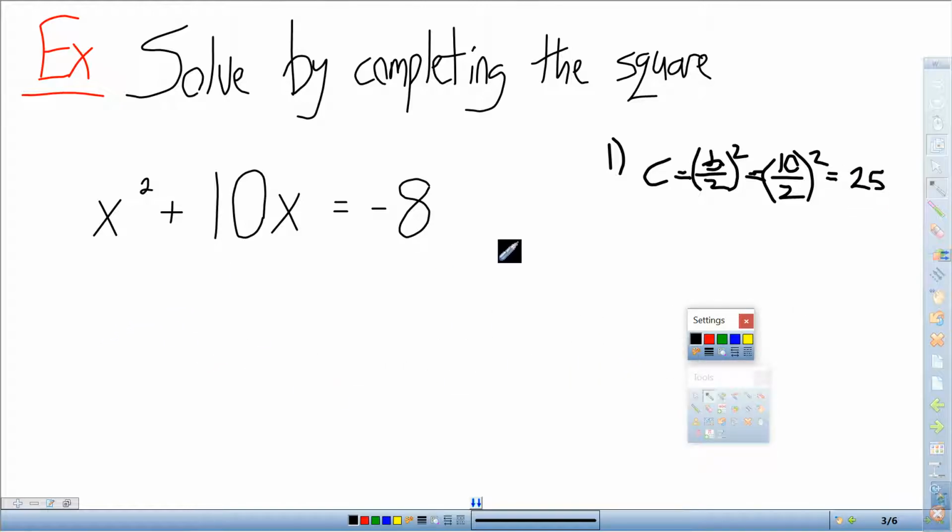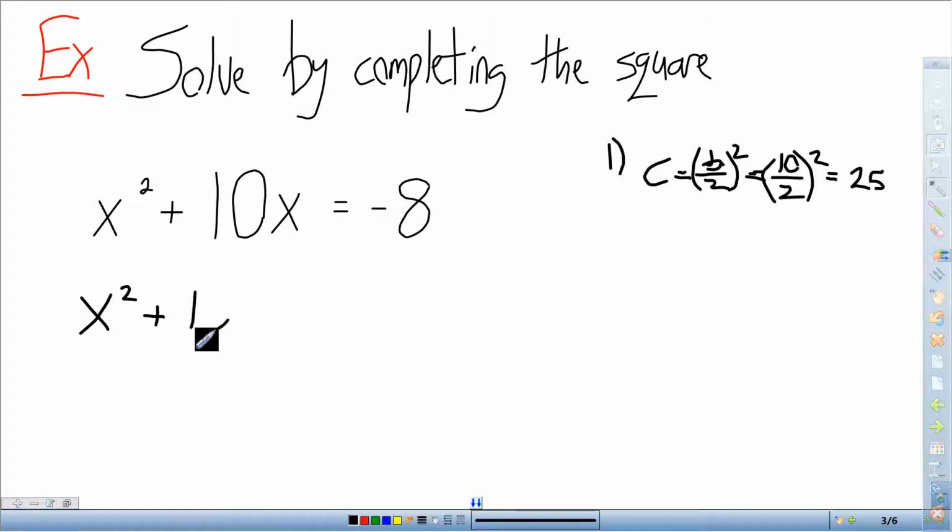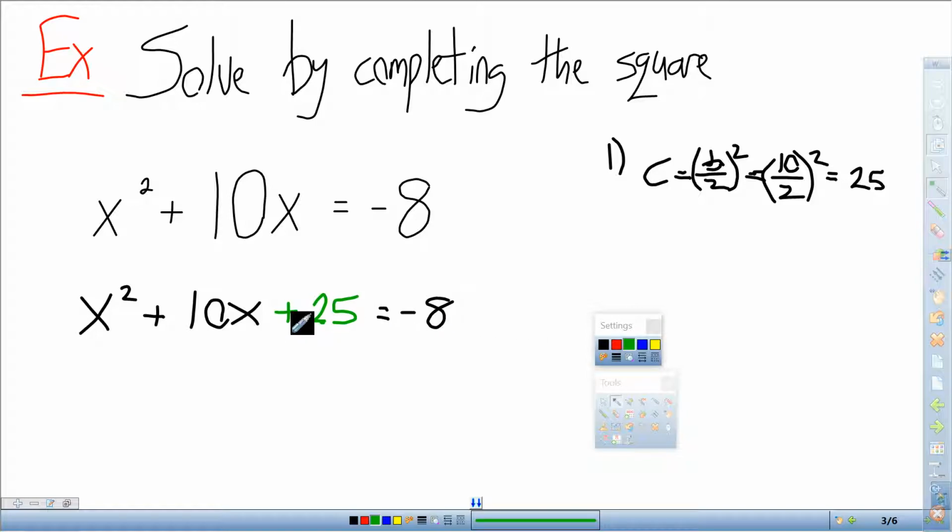So now we can write this equation out, putting in our new c value. We have x squared plus 10x, and then our new c value, which is a positive 25. Over on the other side of the equal sign, we have a negative 8. And again, if we add 25 to one side randomly, we have to add 25 to the other side.